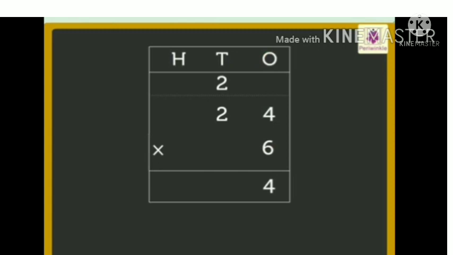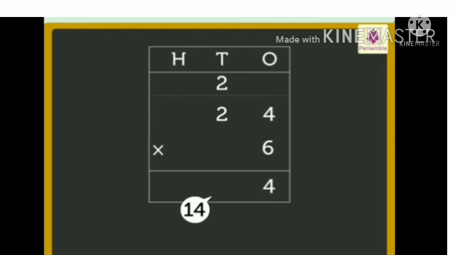After that, multiply the digit in the tens place. That is, 2 into 6 is equal to 12 tens. Add the 2 tens that you have carried over to 12 tens. That is, 2 plus 12 is equal to 14.